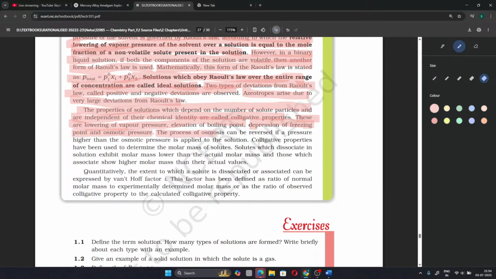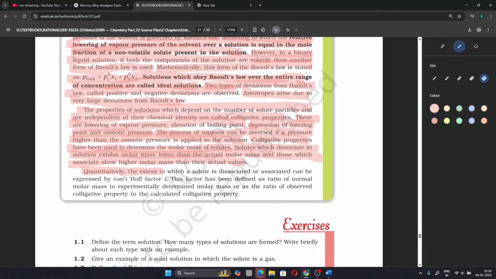The process of osmosis can be reversed if a pressure higher than the osmotic pressure is applied to the solution. Colligative properties have been used to determine the molar mass of solutes. Solutes which dissociate in solution exhibit molar mass lower than the actual molar mass, and those which associate show higher molar mass than their actual values.